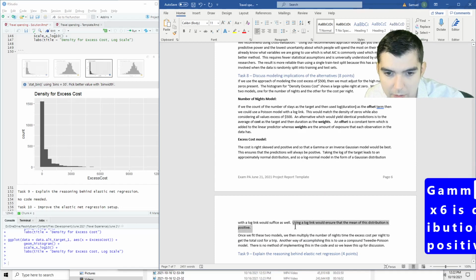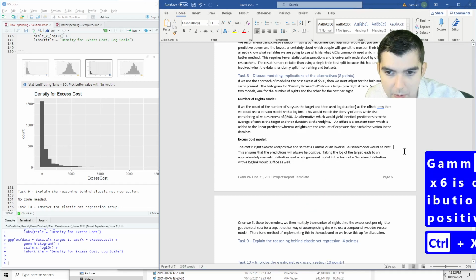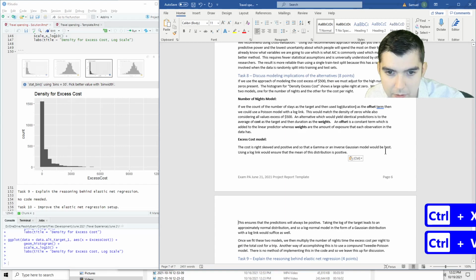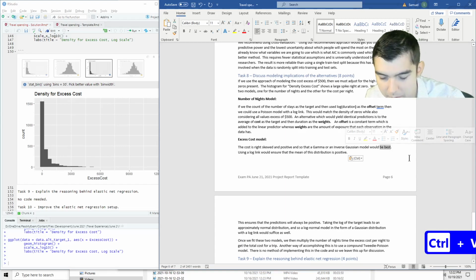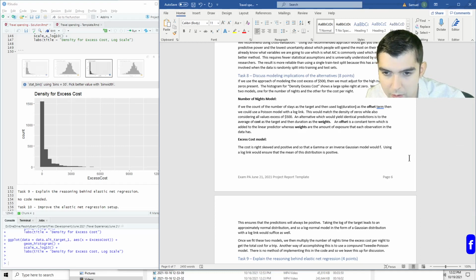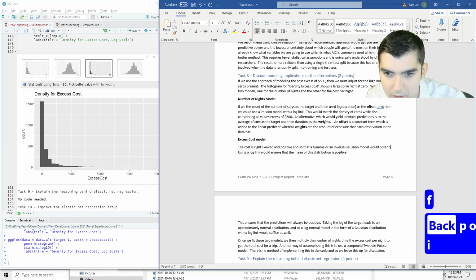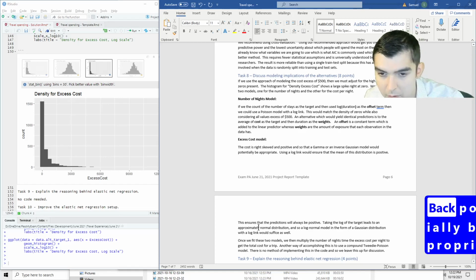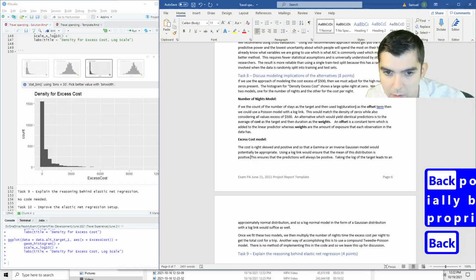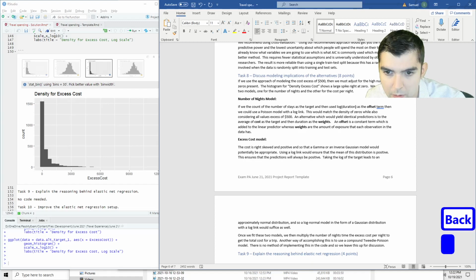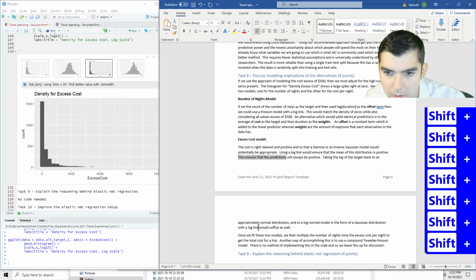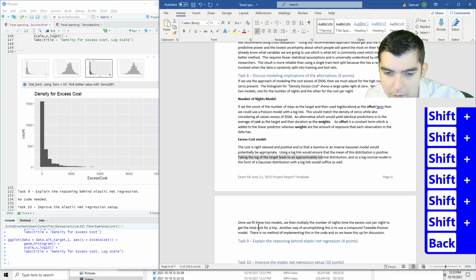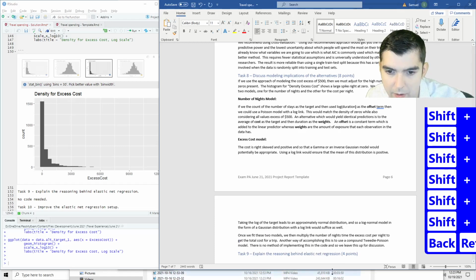And let's put that with the part where we talk about gamma or inverse Gaussian. And we can't say that this would be best, would fit. Potentially. And another option is taking the log.